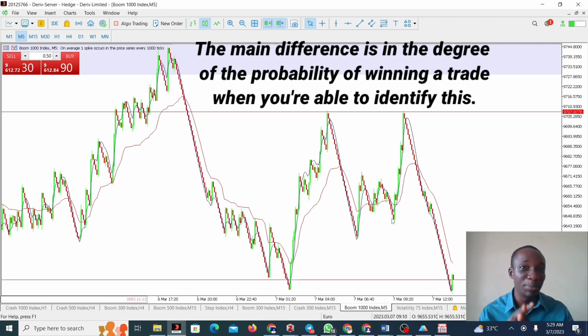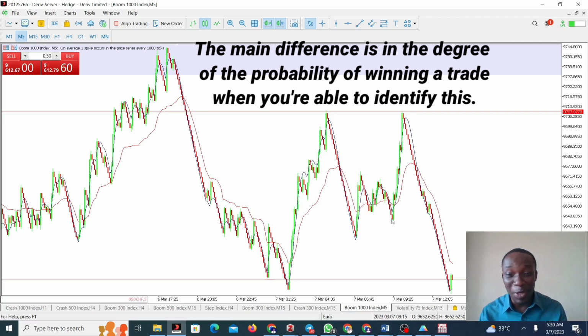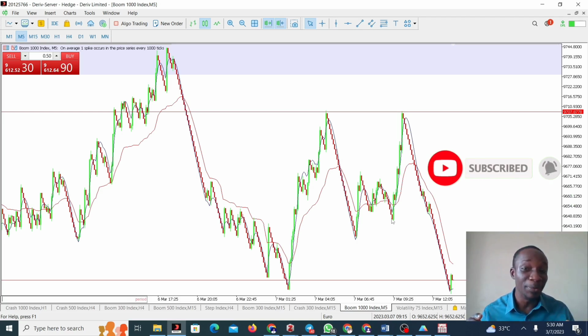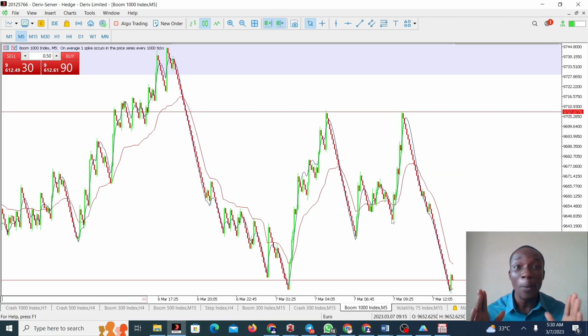An M shape must be a double top, but of course a double top mustn't be an M shape, right? That's just the point. I hope I'm not confusing anybody. And the same thing goes for double bottom. Okay, a double bottom must not be a W shape, but all W shapes must be a double bottom.